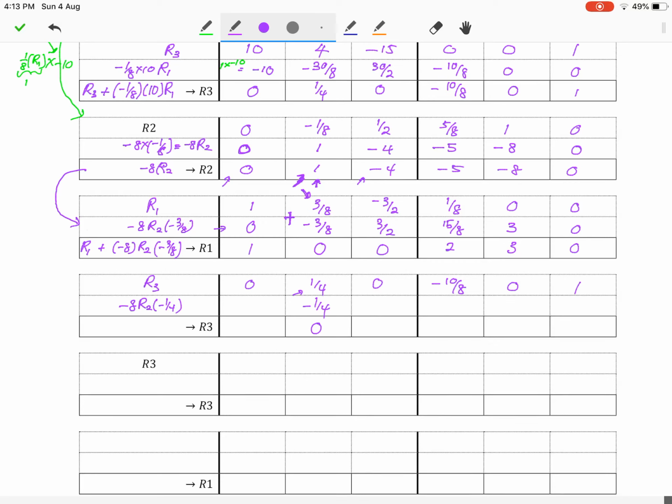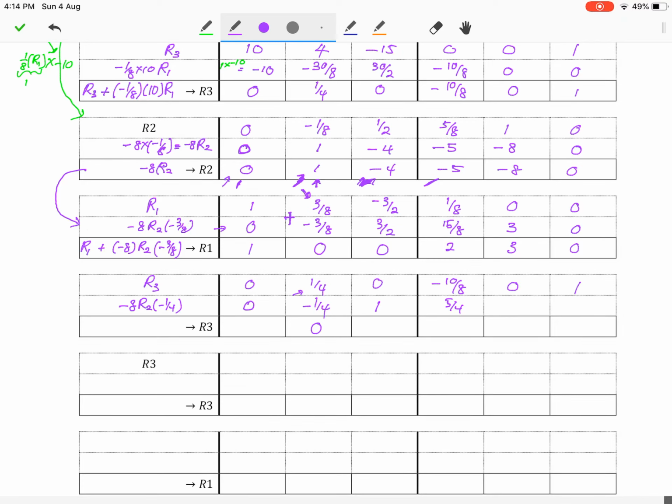If you do that, 0 times negative 1 over 4 is 0. Negative 4 times negative 1 over 4 will give you 1. Negative 5 times negative 1 over 4 will give you 5 over 4.